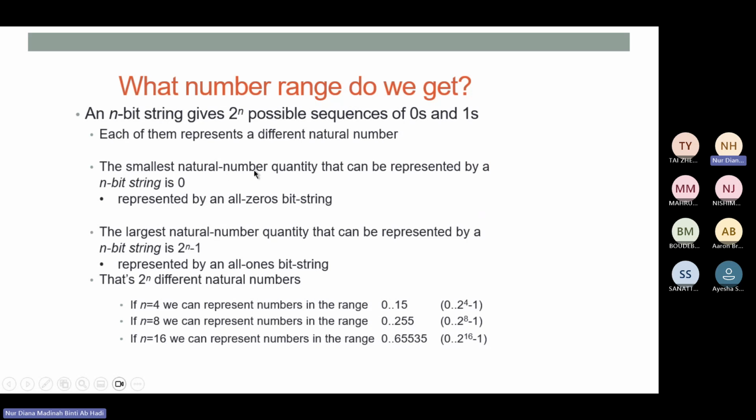The smallest natural number that can be represented by an n-bit string is 0, represented by the all-zeros bit string. The largest natural number that can be represented by the n-bit string is 2 to the power of n minus 1, represented by the all-ones bit string.